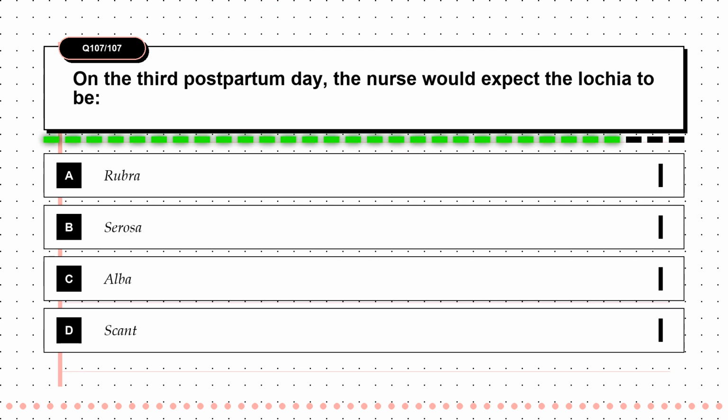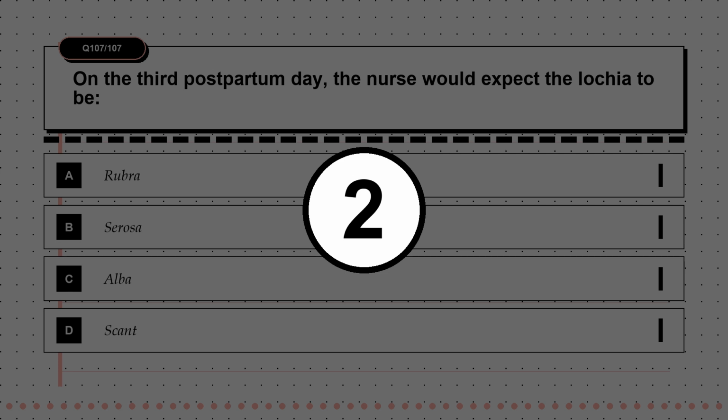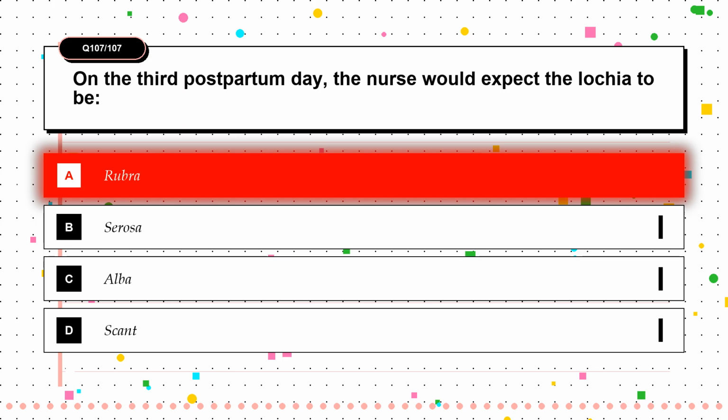Question 107. On the third postpartum day, the nurse would expect the lochia to be, here are the options. Option A. Rubra. Option B. Serosa. Option C. Alba. Option D. That. The correct answer is option A. Rubra.